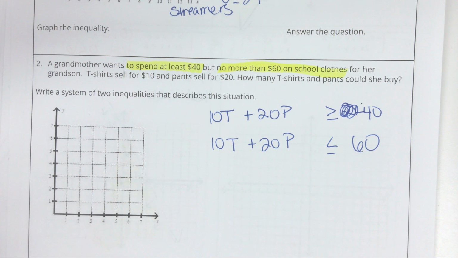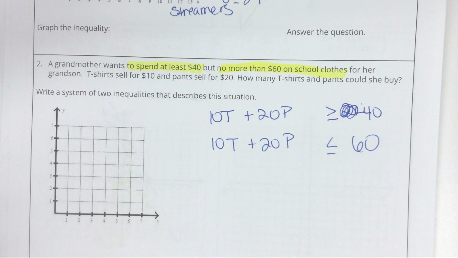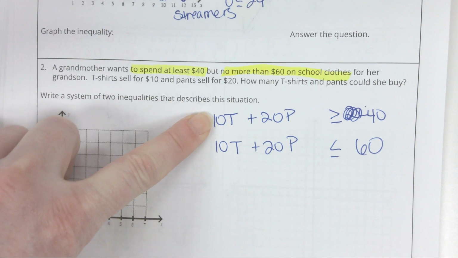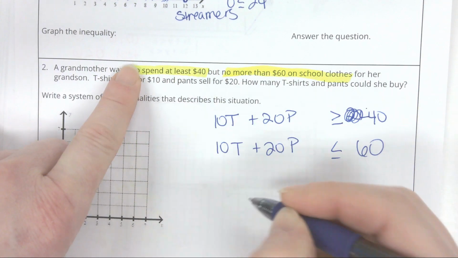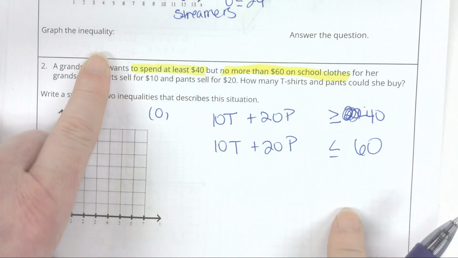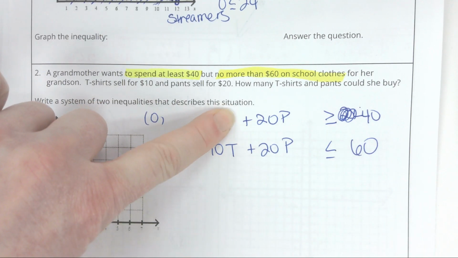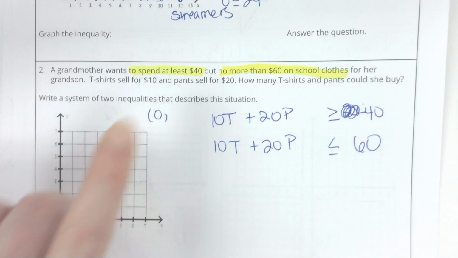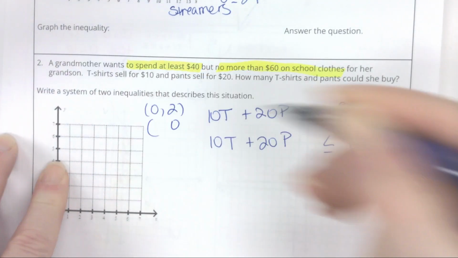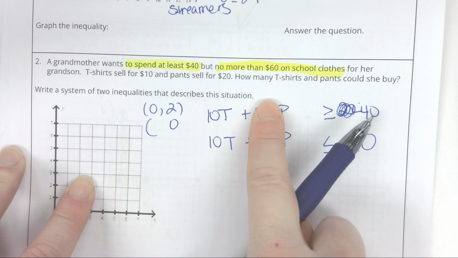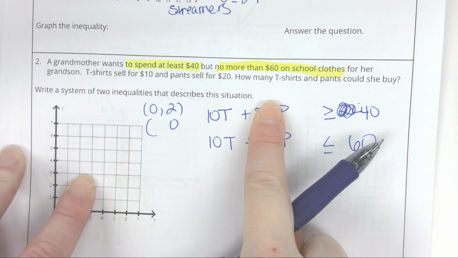So, let's do our graphing for the first. I put 0 in for T. I'm doing this top one. What's 40 divided by 20? 2. I'm going to put 0 in for P. What's 40 divided by 10? 4.